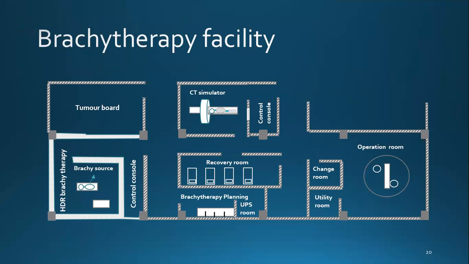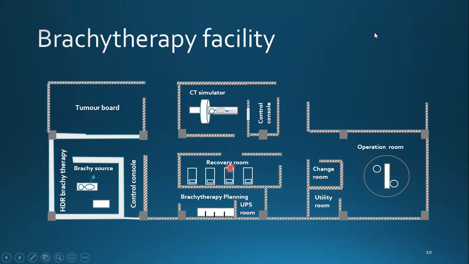This is a brachytherapy facility where the workflow is very convenient. I thought I will discuss this with you. As you can see, this is the HDR brachytherapy room and this is the operation room, the OR, where the application is done. Once the application is done, the patient can be moved to the simulator to do the planning CT for brachytherapy.